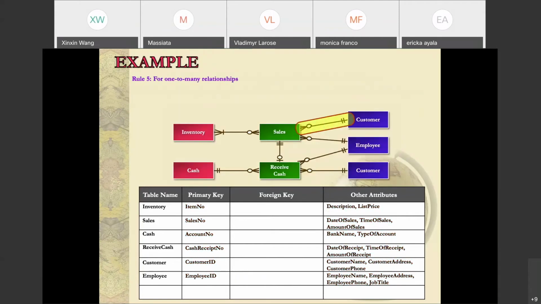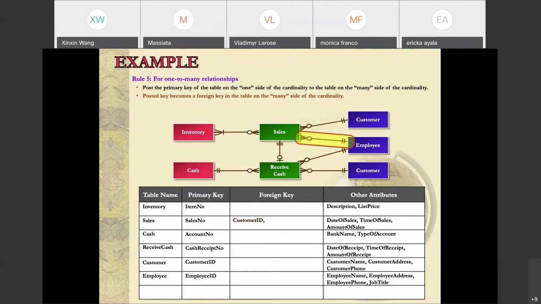We identify one-to-many relationships. Remember the rules that I told you. Post the primary key of the table on the one side of the cardinality to the table on the many side of the cardinality, which means the customer ID will be a foreign key of the sales table.